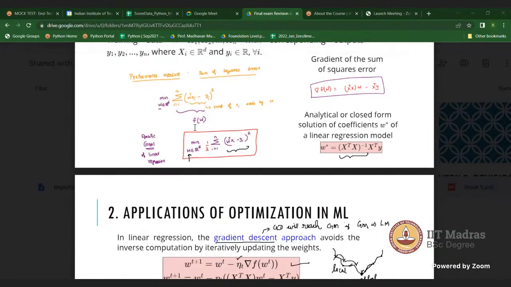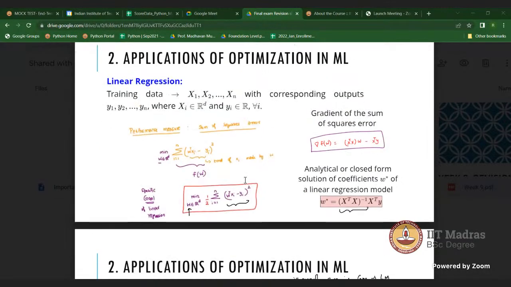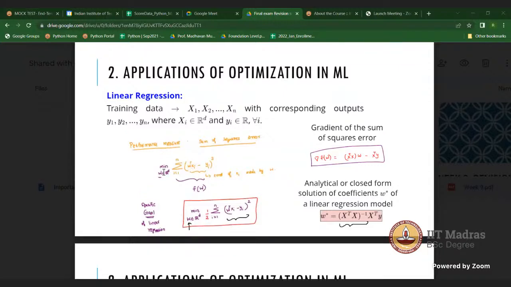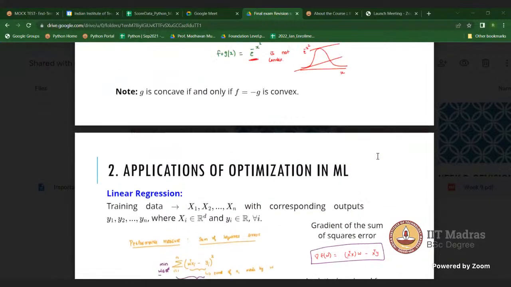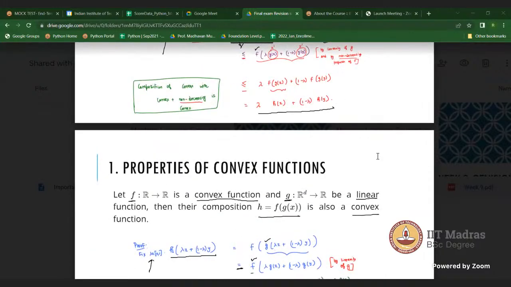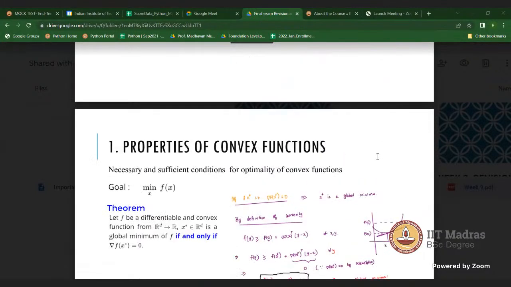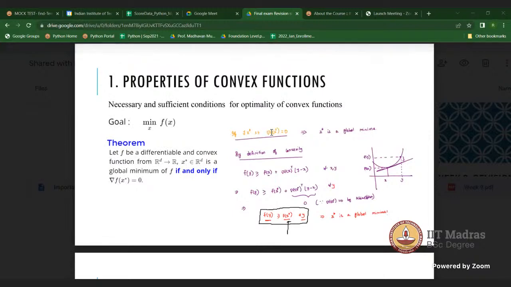All right. So one way to do this is to find the gradient of it. You can assume f equals this error function, and then we need to minimize that error function. So we find the gradient: gradient of f of w equals x transpose x w minus x transpose y, right? According to what we have learned, the global minimum value will occur only when the gradient is equal to 0.